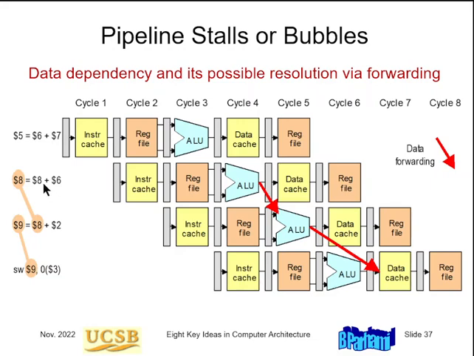Here the contents of register 8 and register 6 are added, the results stored in register 8. The following instruction uses the contents of register 8 to do some addition. Okay? So there's data dependency between this instruction and the previous one. The result of this instruction is used as an operand by the next instruction.